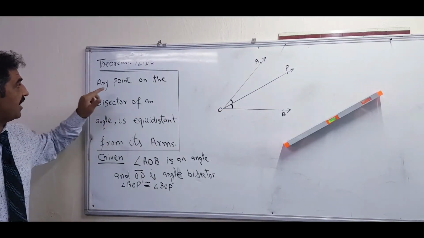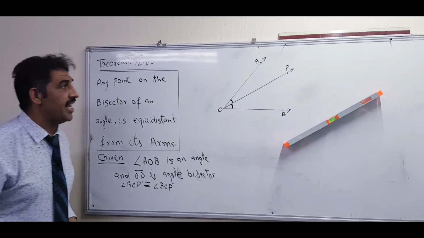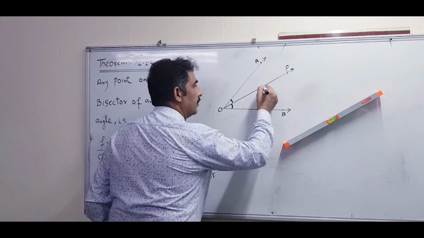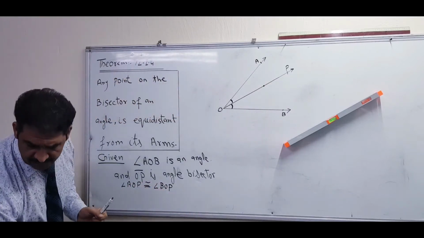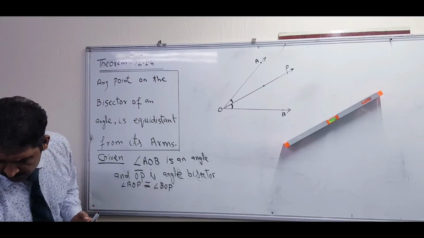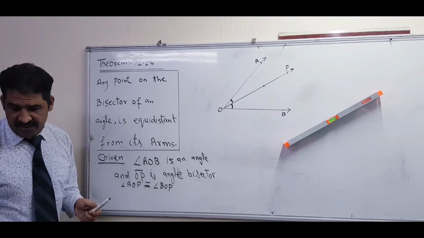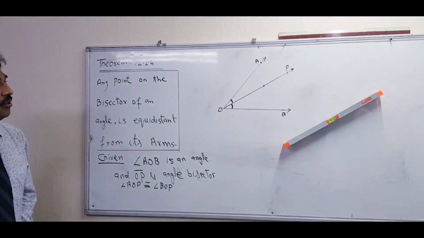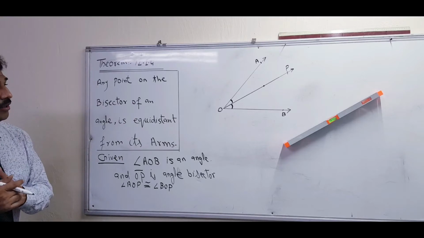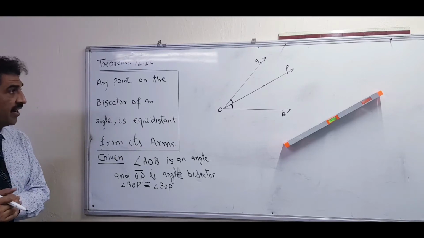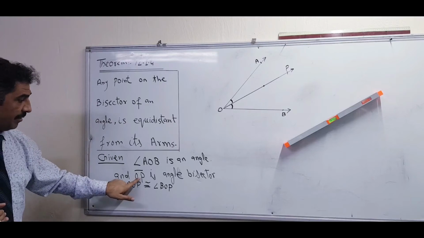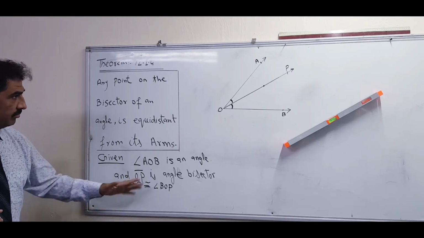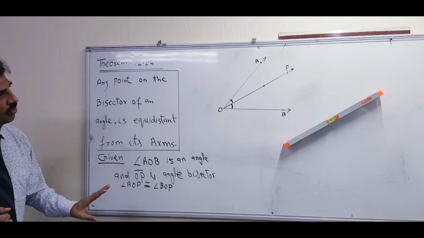After that, he said any point on the bisector. Here we will take a point, the name of this point according to your book. He said OM the line, and after that P is the taken point. If I want to write that as M, I have to change here to M, so all will be changed. No need. I am writing like this.